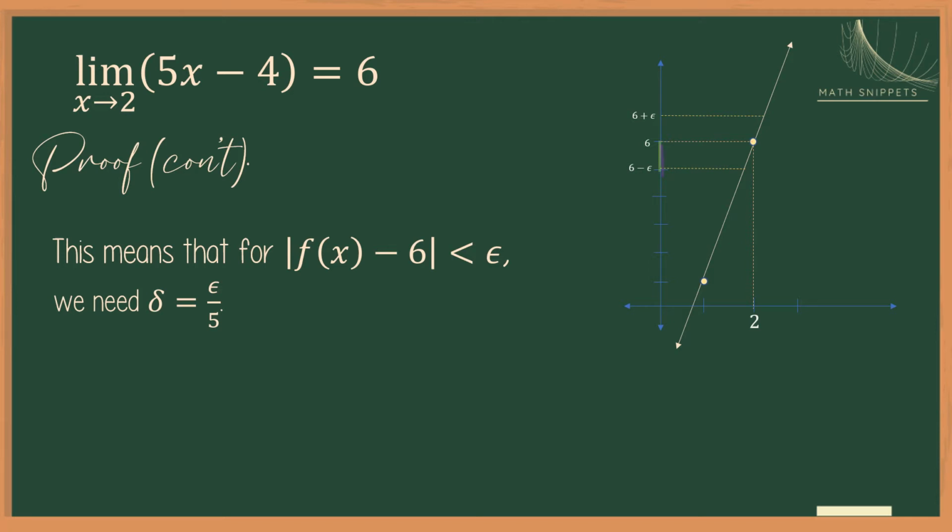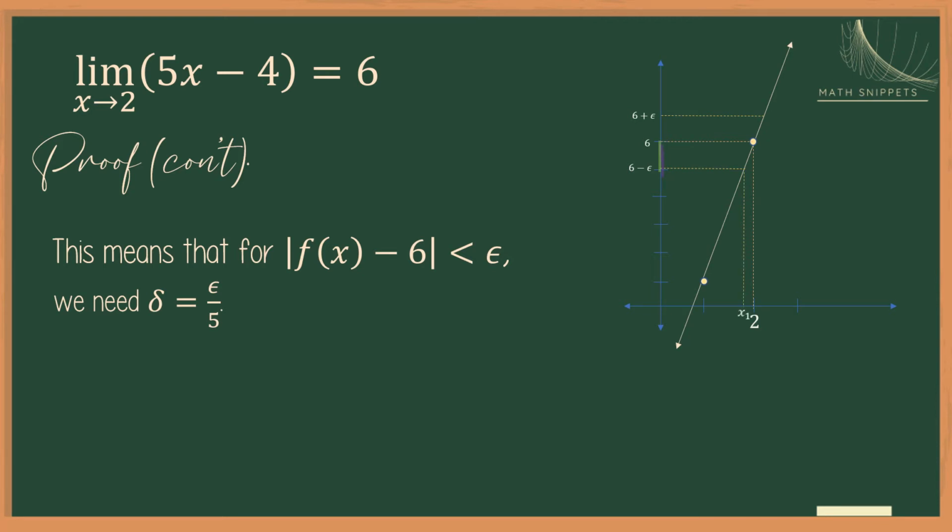For that value of epsilon that we pick, you don't have to pick a specific value, since it's arbitrary and we can pick any value. For any epsilon, we are able to produce an interval from 6 minus epsilon to 6 plus epsilon.